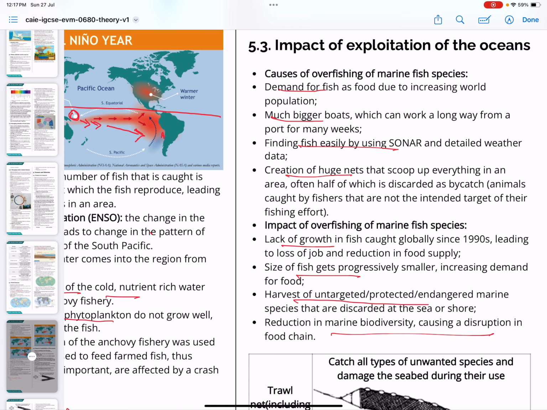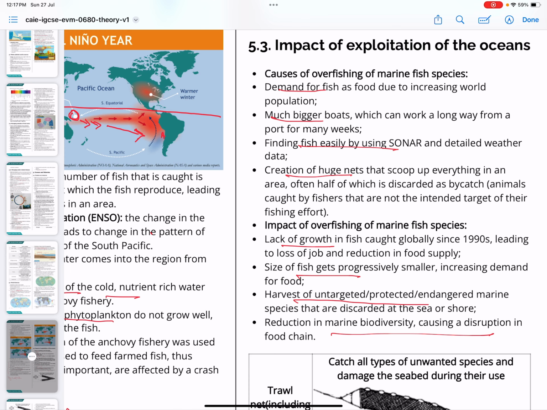The question here arises: why are more fish being caught? The first reason is the population is increasing. The second reason is that fishing is providing more employment to the people. There are much bigger boats available, large nets are available.